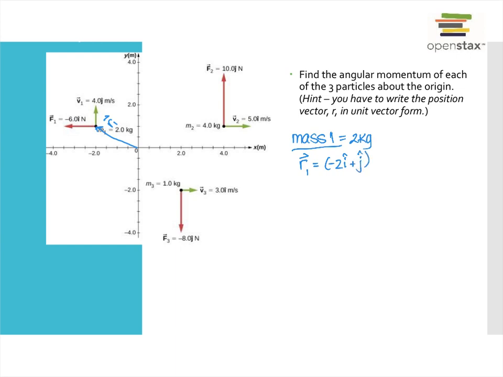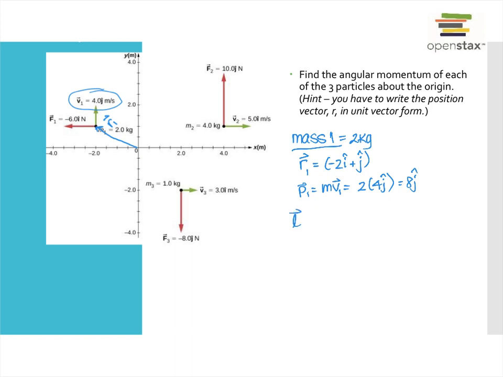So that's our radius vector. Our momentum vector is going to be our mass times our velocity, which would be 2, and then the velocity for this particular one is 4j. So that would be 8j.